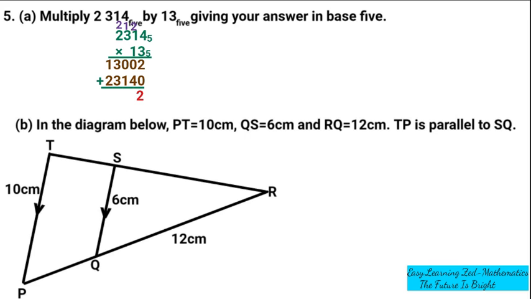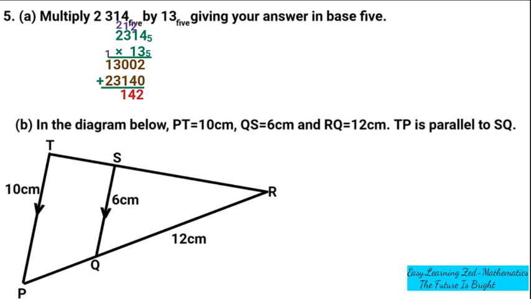How many times can 5 go into 6? It's 1, remainder 1. I'll put the 1 on top of the 1 there, which is the number of times 5 goes into 6. Then I'm going to write the remainder, which is 1.